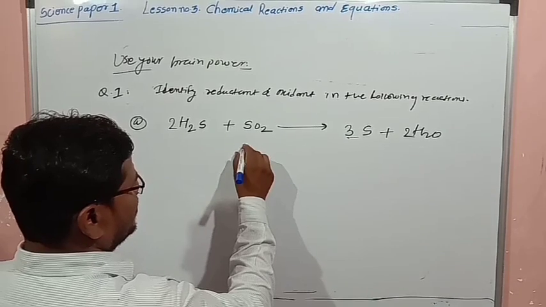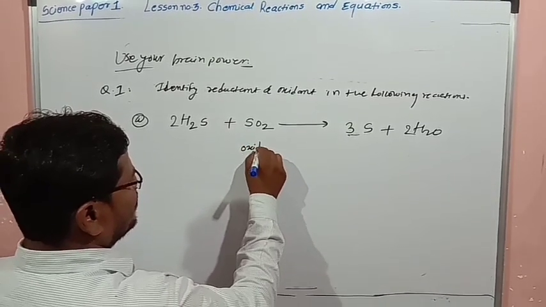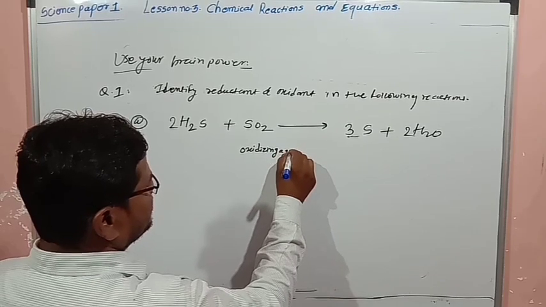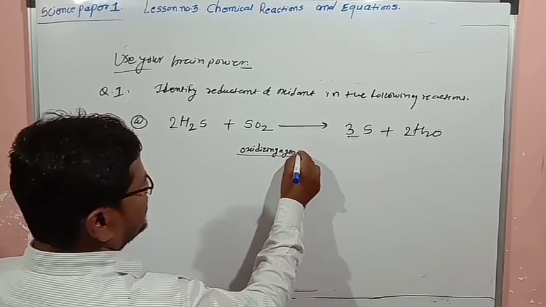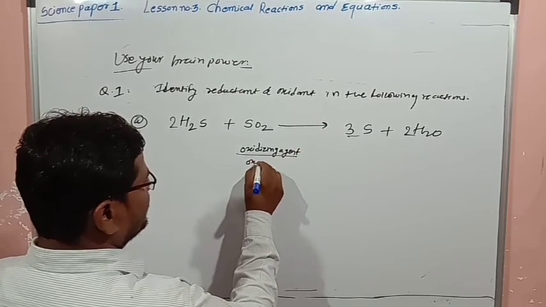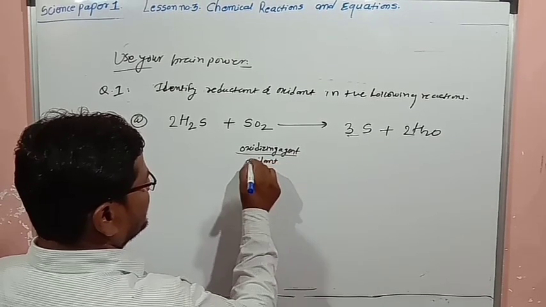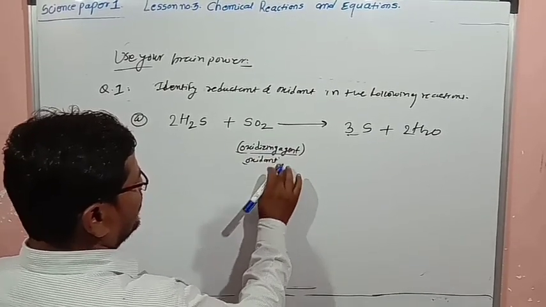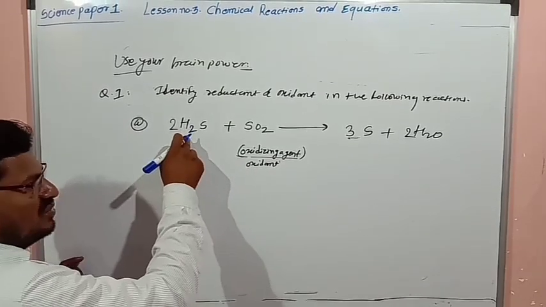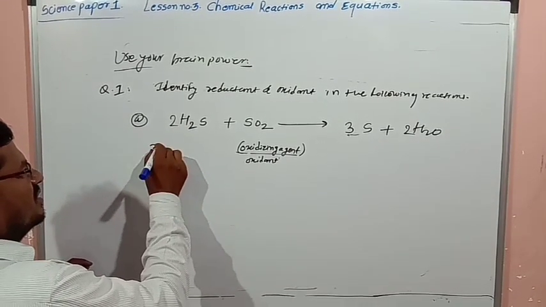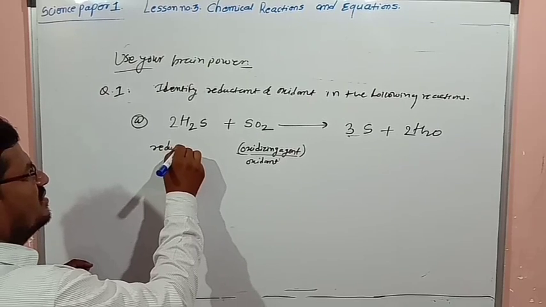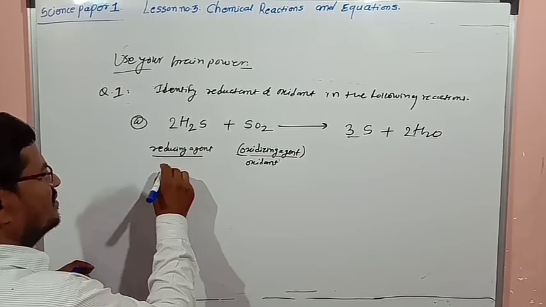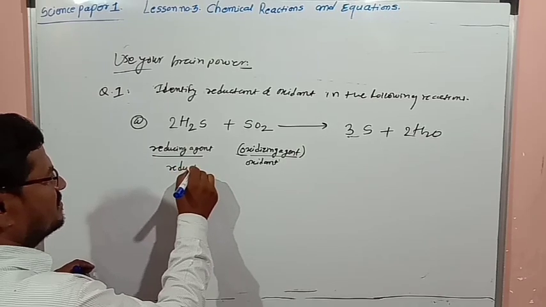SO2 is having oxygen, so this one is the oxidizing agent or oxidant. And here hydrogen is there, so it is the reducing agent or reductant.